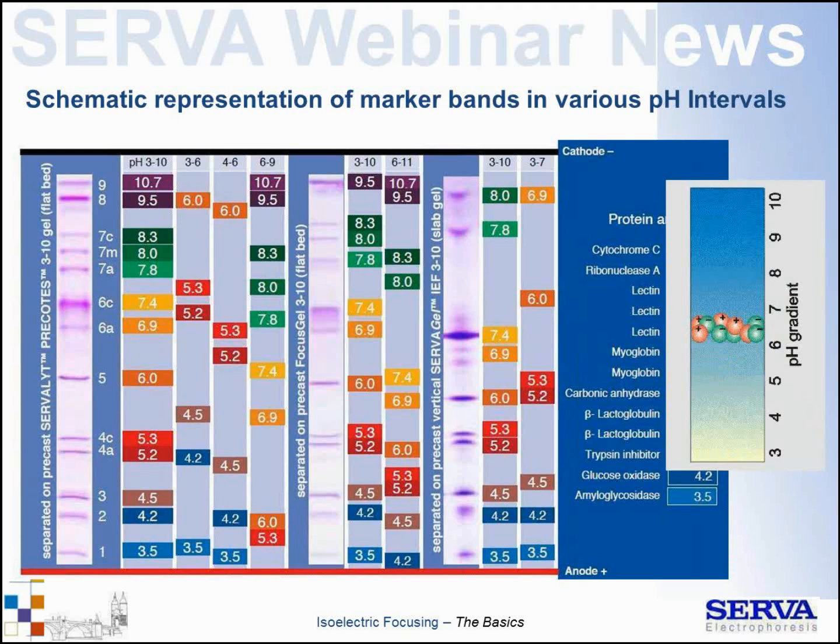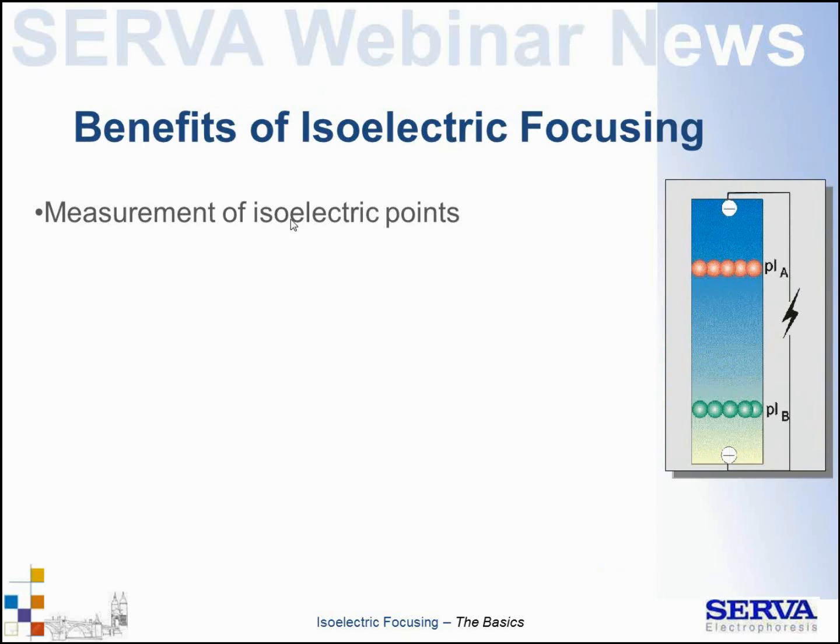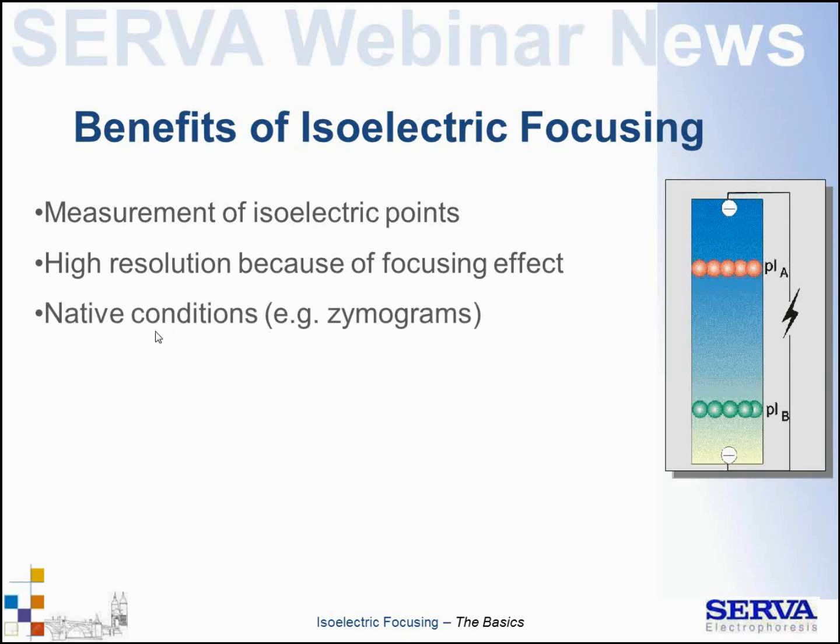So what are the benefits of isoelectric focusing? There are a number of them. You can directly measure isoelectric points after the separation, particularly under native conditions, as I said. You get a very high resolution because of these focusing effects, these very sharp bands. You can apply native conditions and can determine enzymes with a zymogram technique.